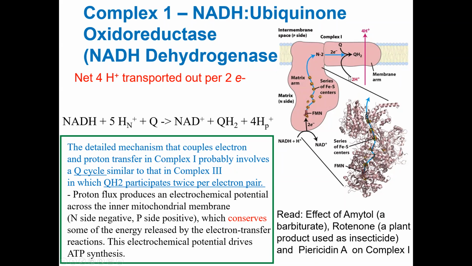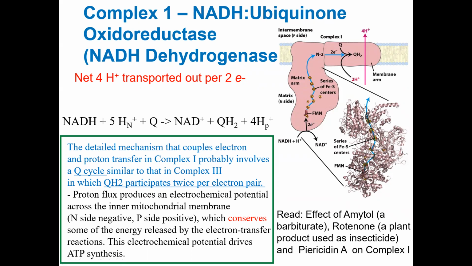Not only does it suck up 2 protons from the matrix side to make QH2, but it also transports 4 protons from the N side to the P side. Concomitant transfer of 4 protons from N side to the P side. So you can see what's going on, and that's what they are showing you. When you look at the crystal structure, you can see that these series of iron sulfur centers are beautifully organized, by which electrons just hop in a downhill energy fashion and eventually reach Q, which is hanging out in the membrane space, and Q getting converted to QH2.